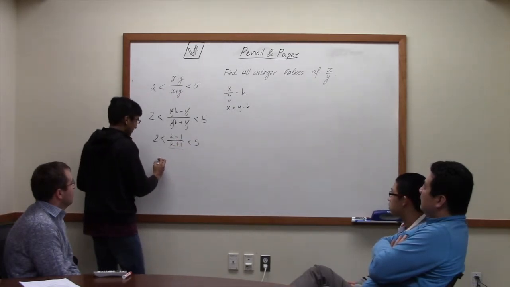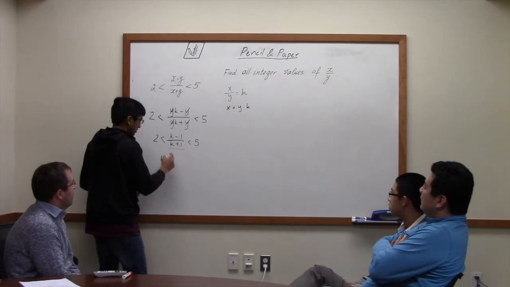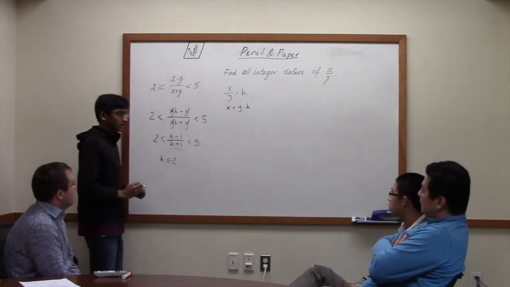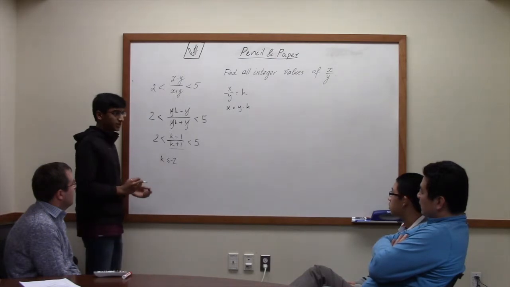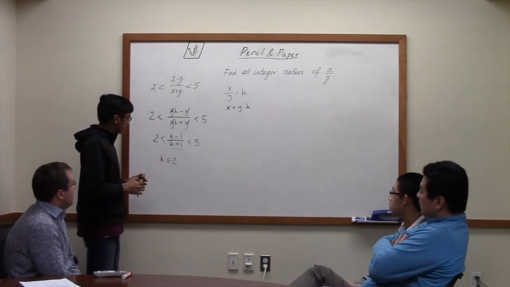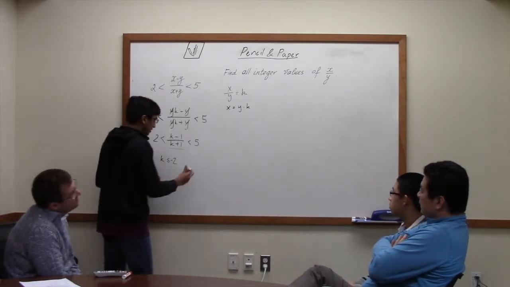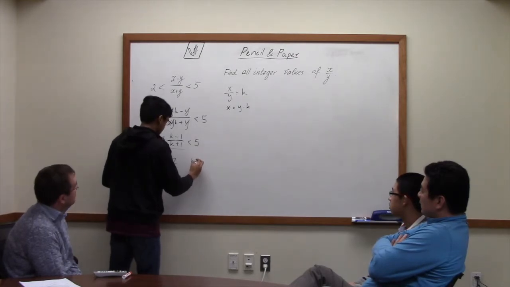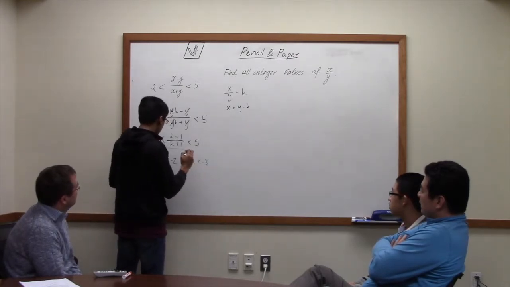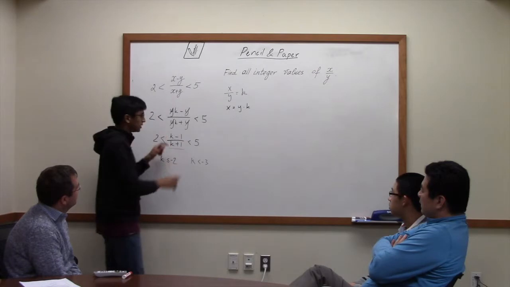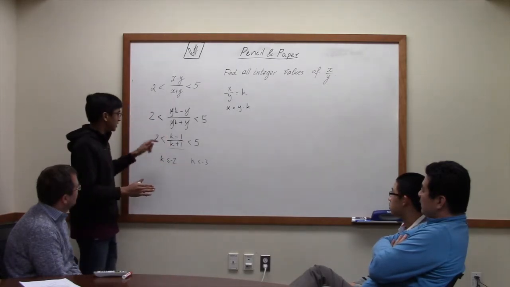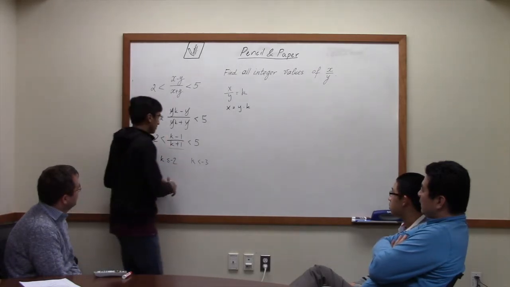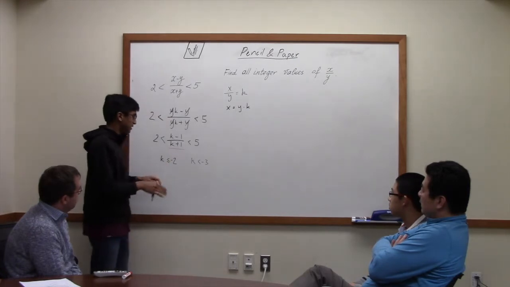So that means if k plus 1 is negative, k has to be at most negative 2, because it's an integer. And then, if we look at what happens when k becomes less than negative 3, then k minus 1 becomes negative 4 or less, and k plus 1 becomes like negative 2.